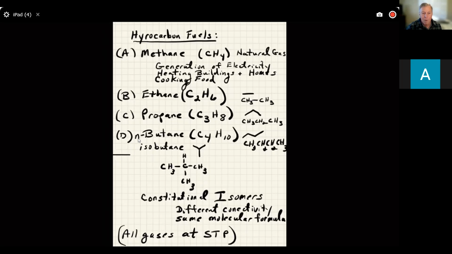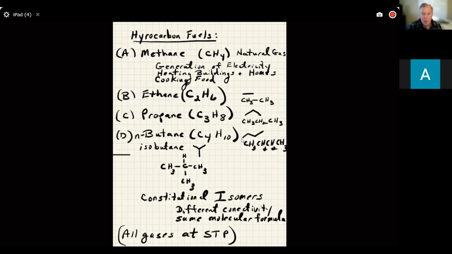But whenever you see N, that stands for normal. And that means that those carbon atoms are all in a straight line. They're all contiguous. Look here, CH3, CH2, CH2, CH3. So that's butane, normal butane.